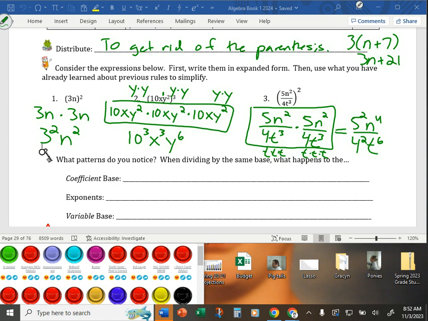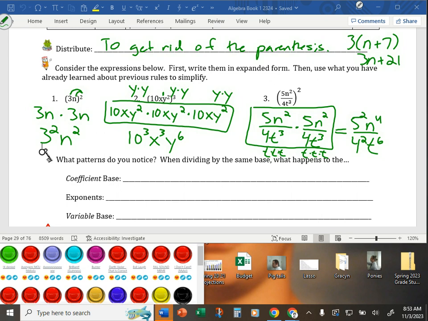Yeah, so the act of distributing, when this 2 got distributed into the parentheses, it became 3 squared and n squared. What exponent did that n have on it inside of the parentheses? Even though it's not written, what is there? Luca?